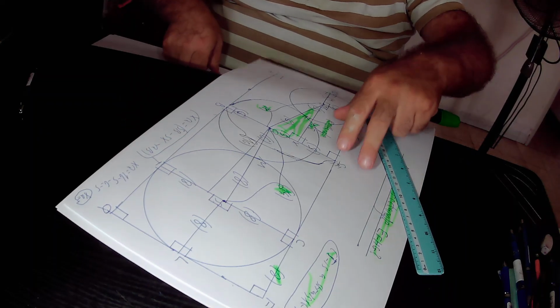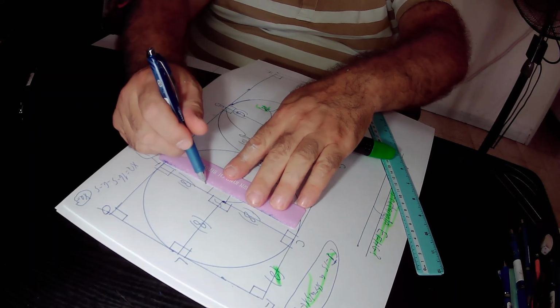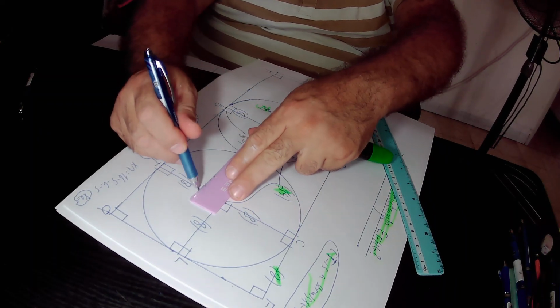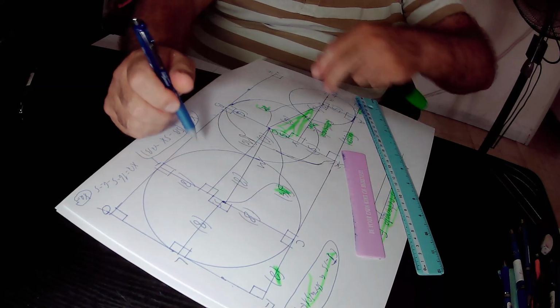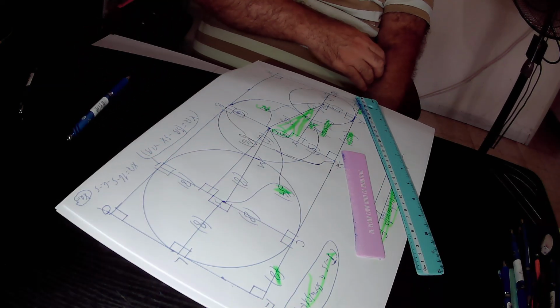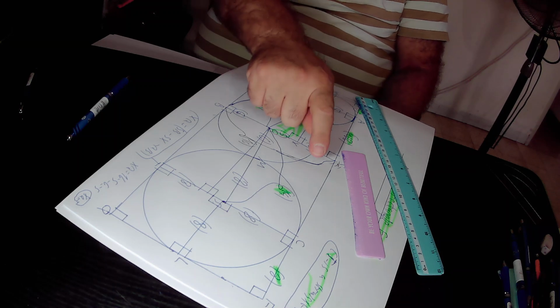So actually, this angle equals 90 degrees, and this angle also equals 90 degrees according to our construction. We define the touching point of the perpendicular from point Q on the straight line CT.